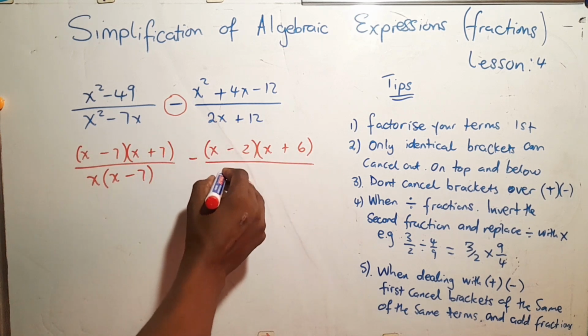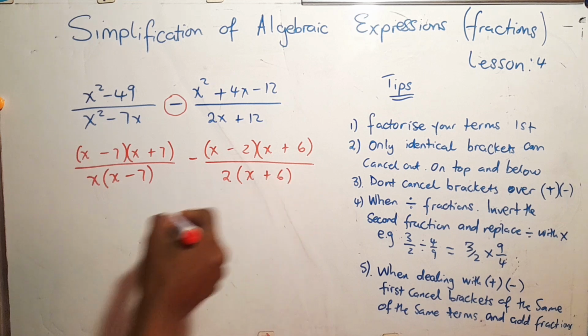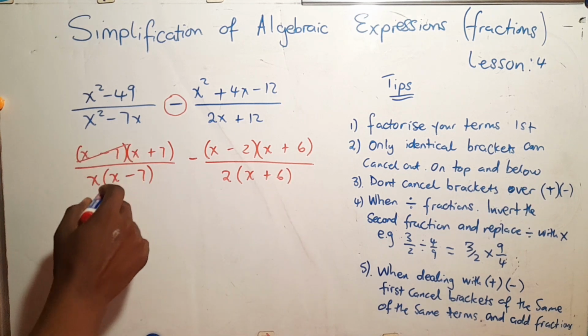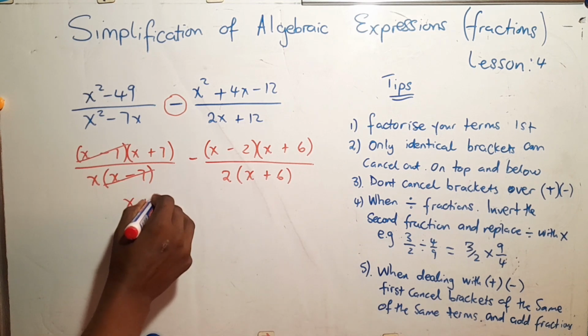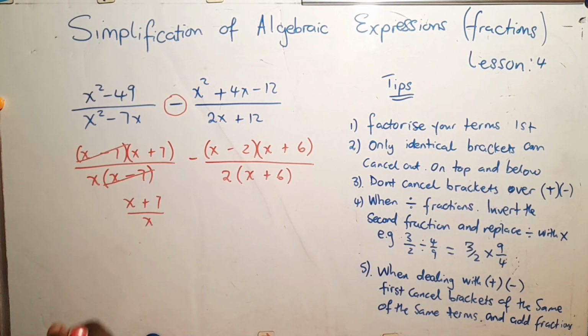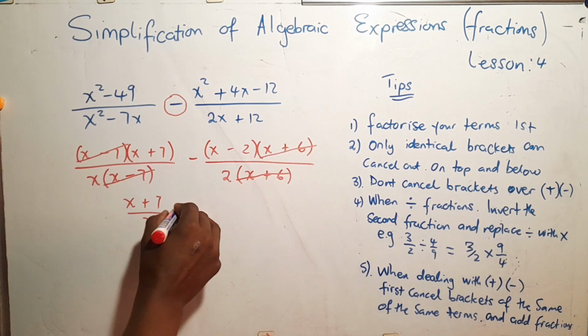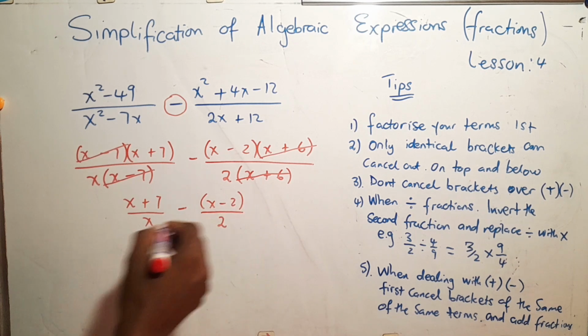And here we have a common factor of 2, and that will be left with x plus 6. So in this fraction, this x minus 7 is cancelling x minus 7, so this fraction is remaining as x plus 7 over x. And on this fraction, this is cancelling that, and we'll be left with x minus 2 all over 2.